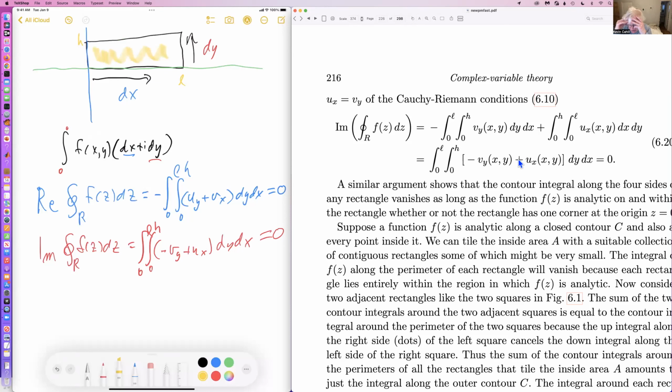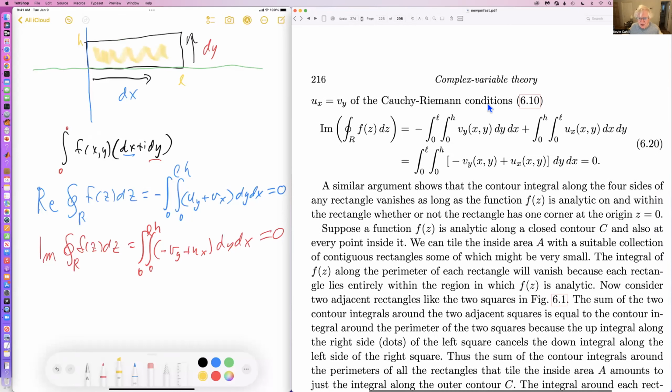I did several examples in this section because I thought this material was so important. And as I said to you many times before, complex variable theory is such that when you define what analyticity is, everything else follows.